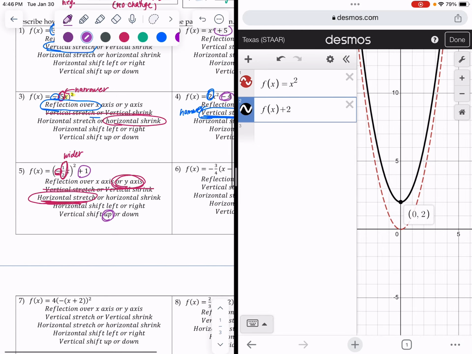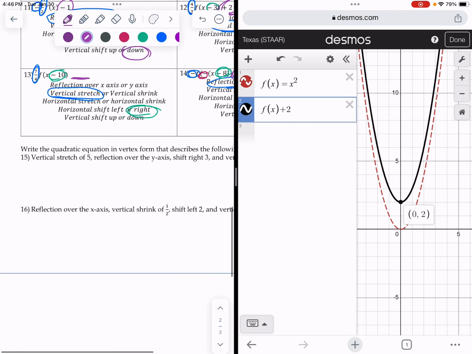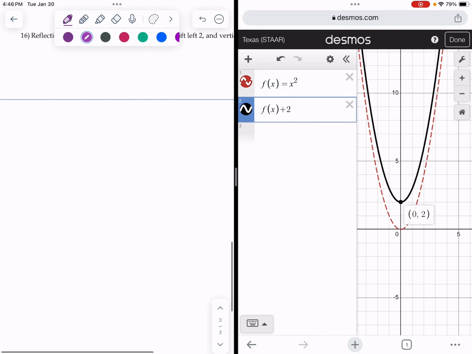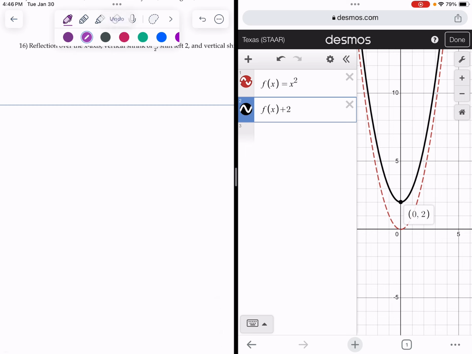The hardest thing is remembering the vertical stretch versus horizontal. And so if you want a summary, if you have the function like 3x squared, this function is going to be narrower. And so is this function with the parentheses.